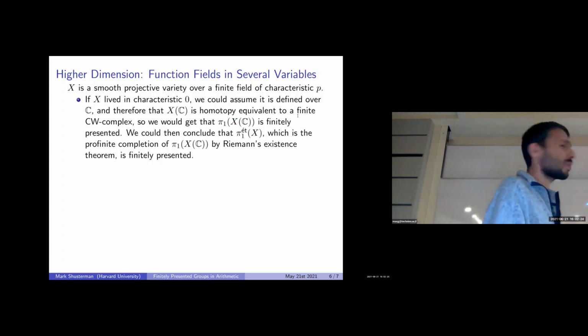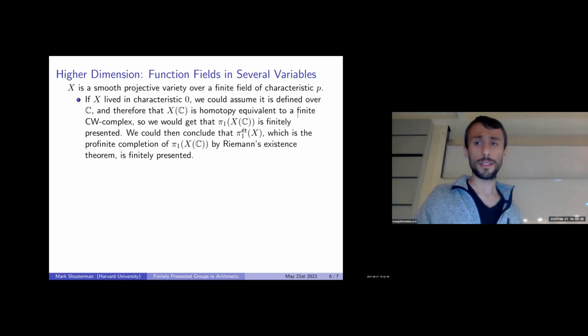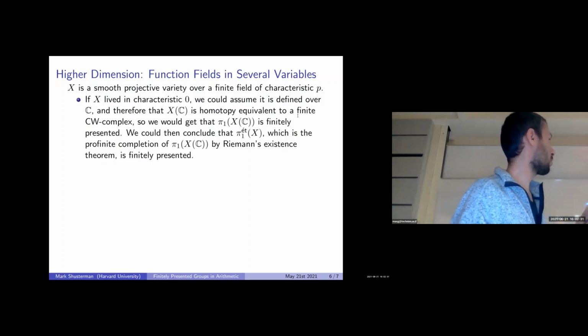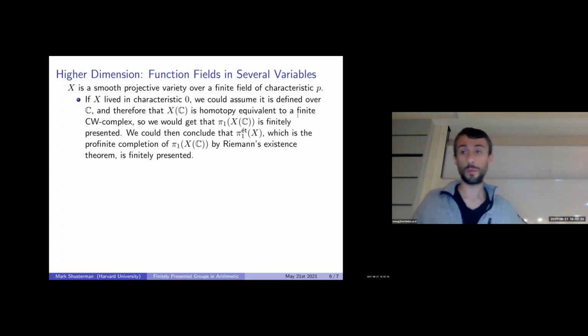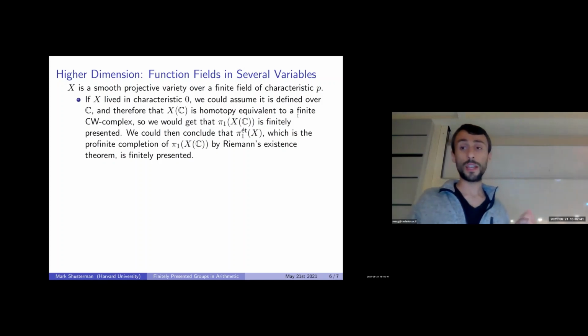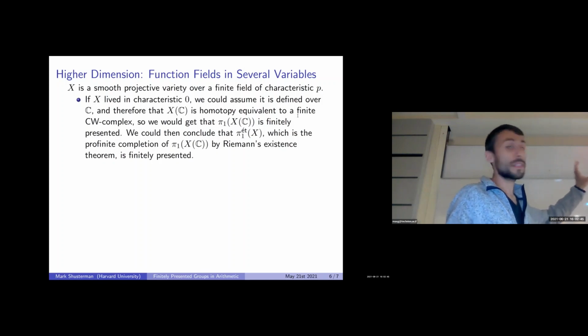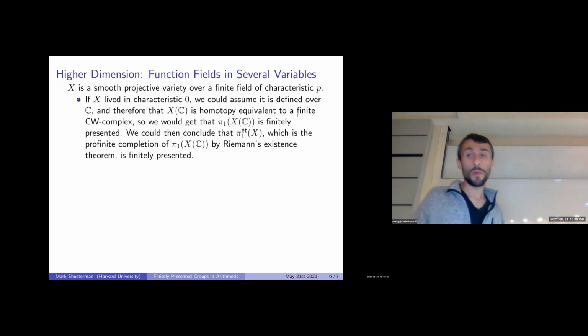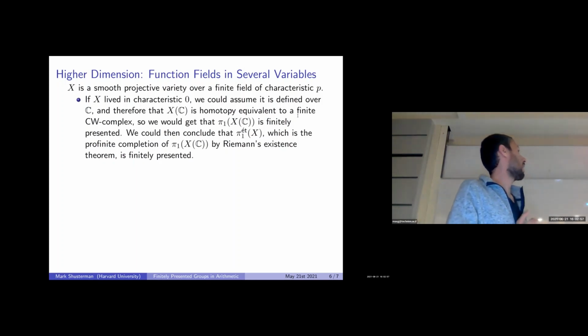Now I see that the slide is not super precise. I should have said if X lived over an algebraically closed field in characteristic 0, then it would be more precise. You can always switch to the complex numbers in this case without changing the étale fundamental group. And then if you look at the collection of complex points as a topological space, you can show it's homotopic to a finite CW complex, and the fundamental group of any finite CW complex is finitely presented.